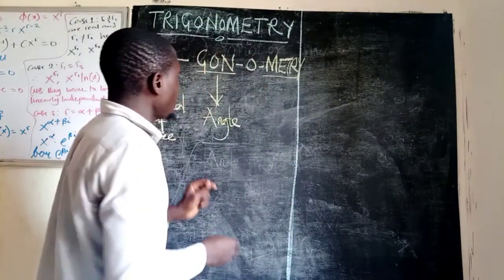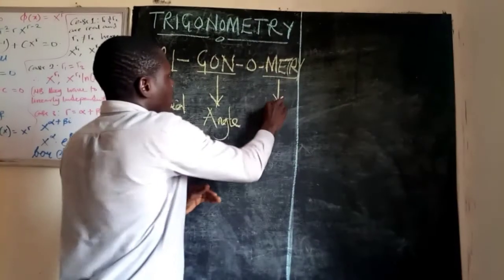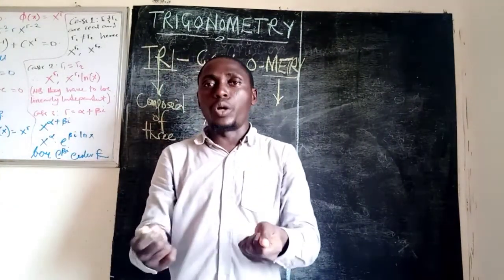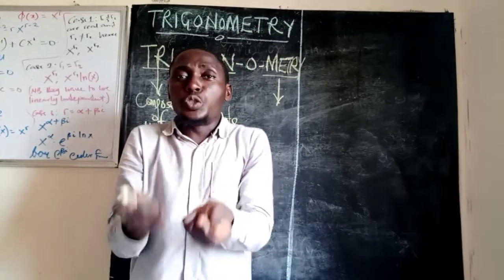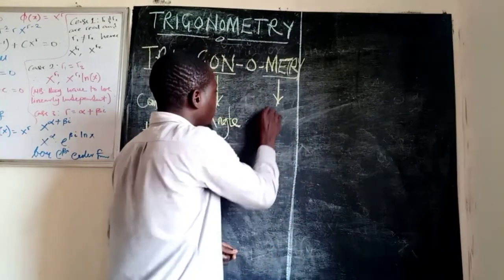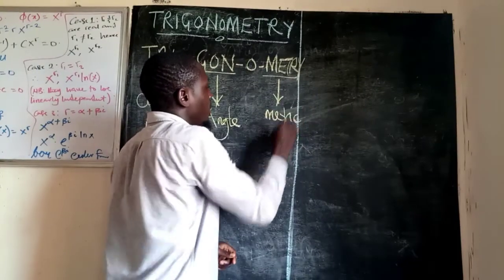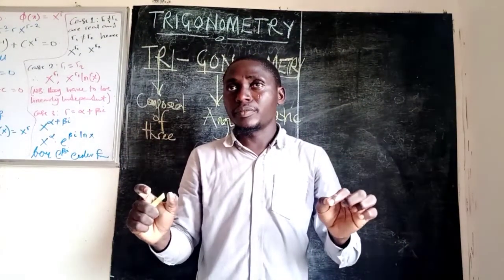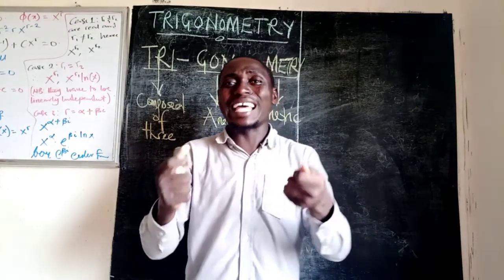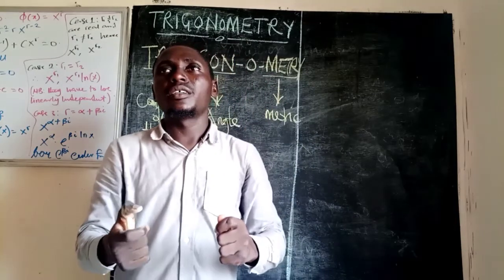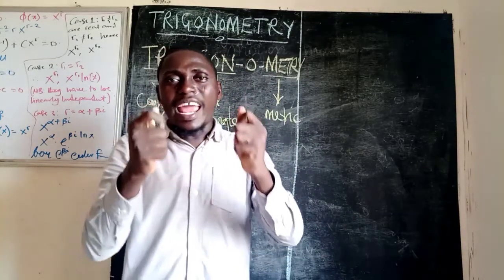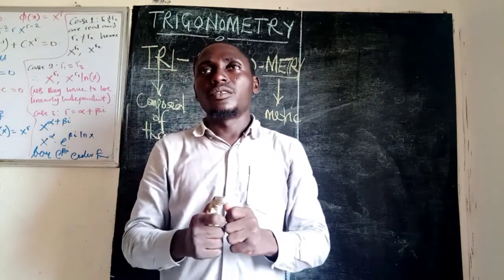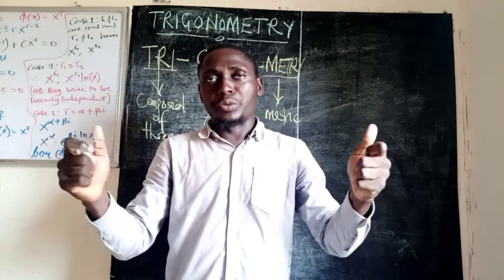Now, what is the meaning of metric? Metric is a mathematical word often used in mathematics. What is a metric? A metric is a function that assigns every non-negative real number to a particular measure.